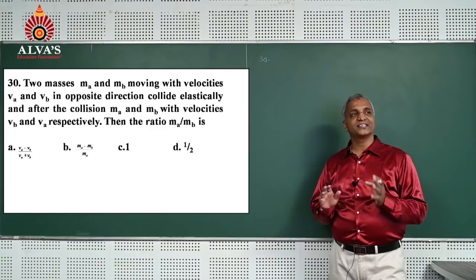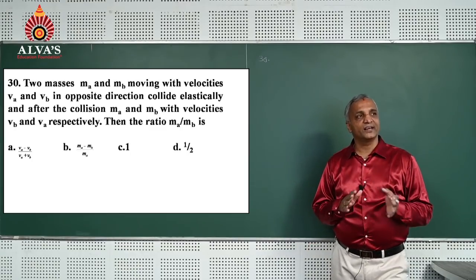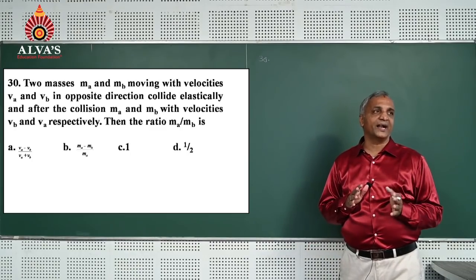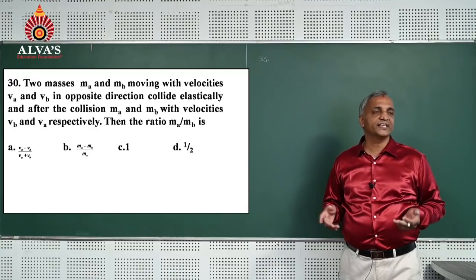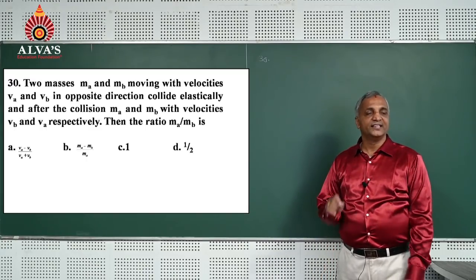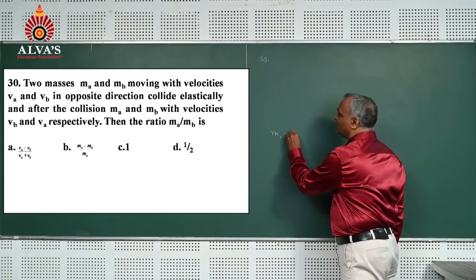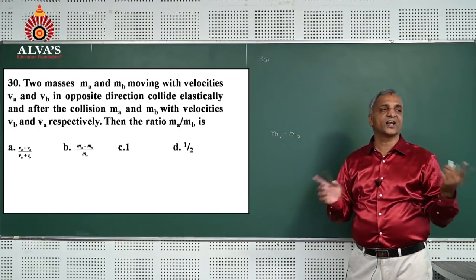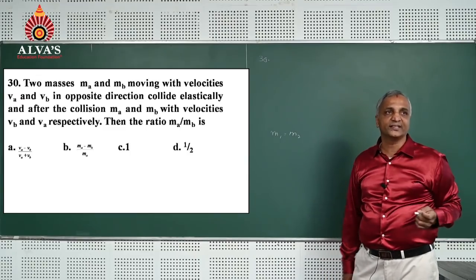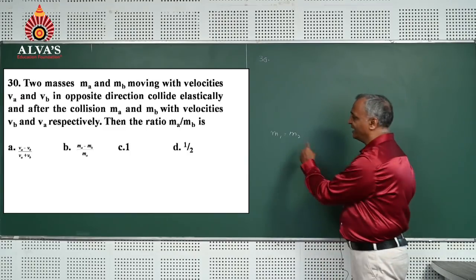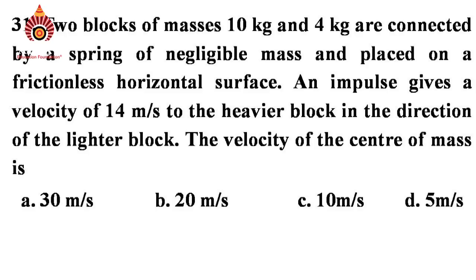See, this is an elastic collision, and it is very clear in the problem that the velocities are exchanged after the collision. This is possible if and only if m1 is equal to m2 itself. Then only the velocity will be exchanged during that elastic collision. That's why m1 is equal to m2 means m1 by m2 will be equal to 1. So I'll go for option C.